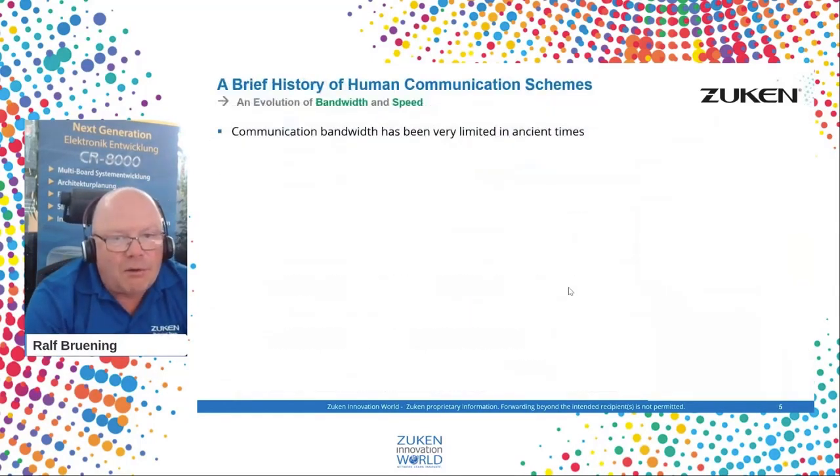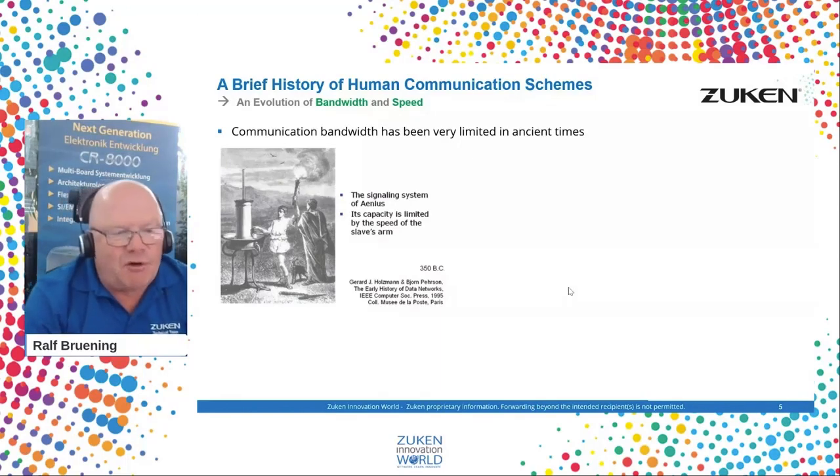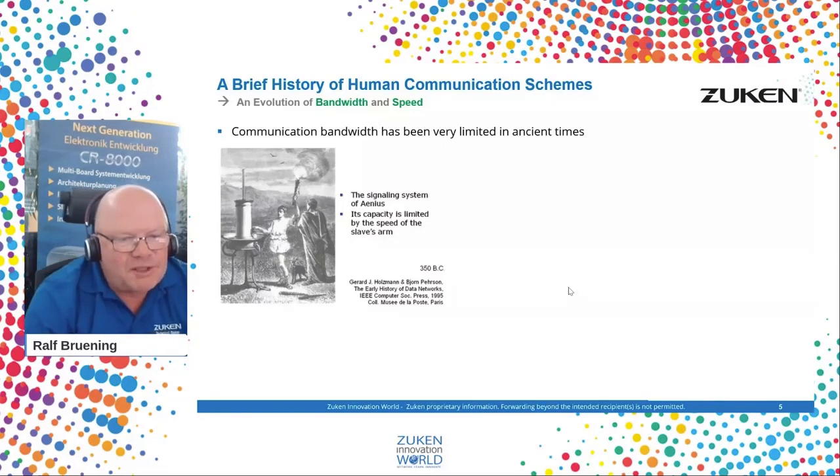So, how do human beings exchange information, and what is the meaning of bandwidth and speed? More than 2,000 years ago, we had very limited communication schemes. One example known in literature is a fire signaling scheme, typically operated by slaves, where the capacity, the bandwidth, is limited by the speed at which the slave can raise his arm up and down.